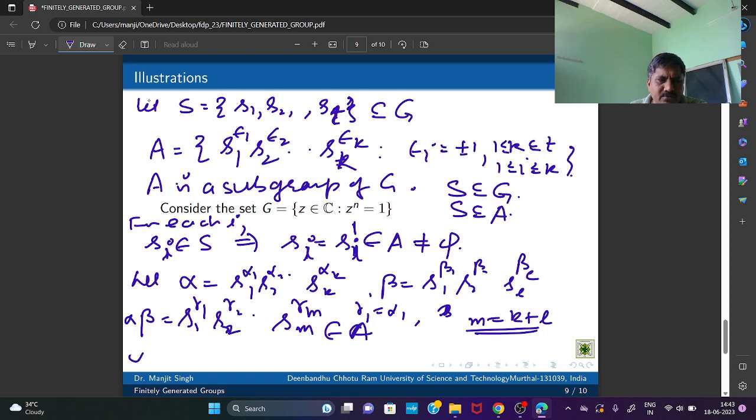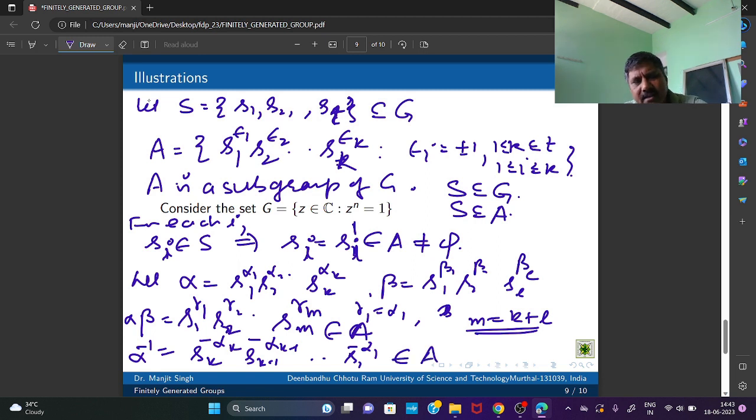The inverse of alpha can also be defined as sk to the minus alpha k, up to s1 to the minus alpha 1. This is again in A, so every element of A has a multiplicative inverse.